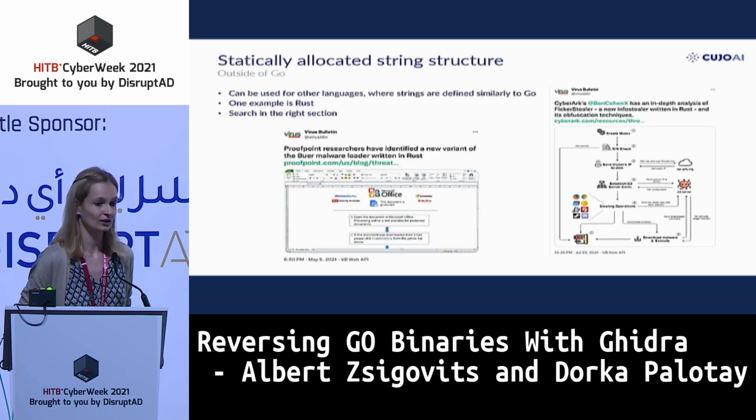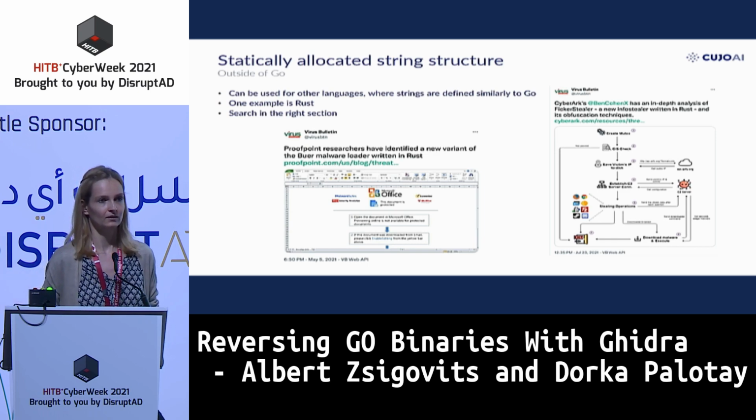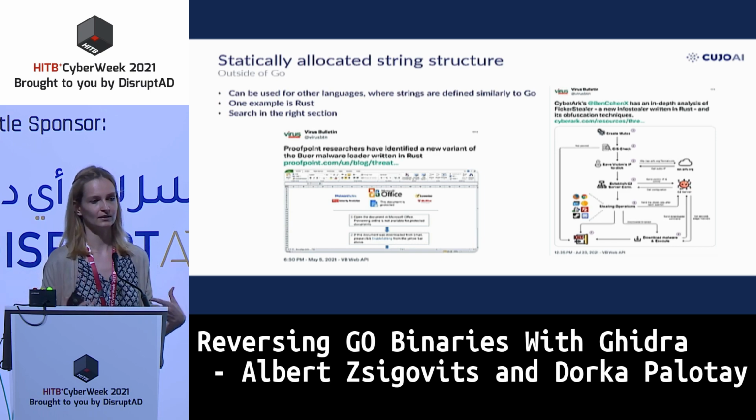And just a sidestep from Go. This statically allocated string structure is something that we can observe in other languages as well. So, for example, other than Go, we have also seen some malware families written in Rust recently, mainly for Windows. And for Rust, it is the same.